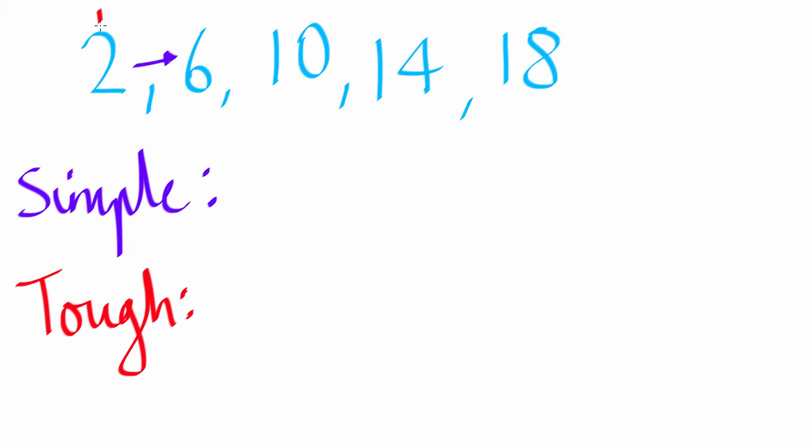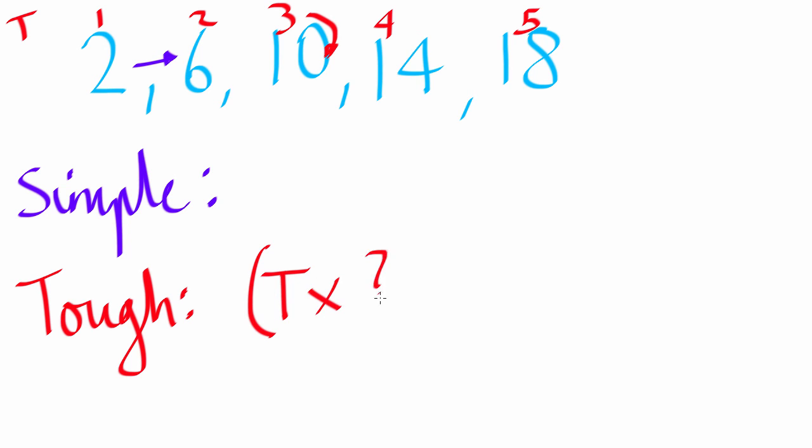How do you get from the term, whatever T is, 1, 2, 3, 4, 5, to the number? Okay, this one, because I'm feeling generous, I will give you a clue. It's going to be T times something. And then after that, you're going to minus something. Tricky. All right, see if you can figure it out.